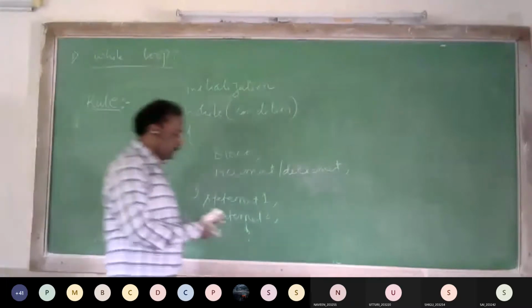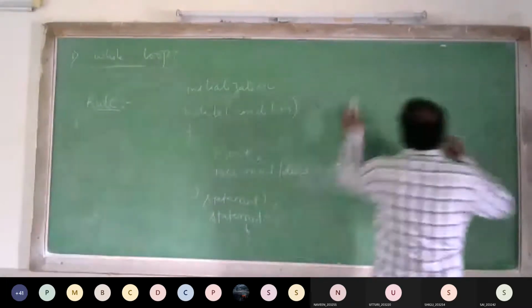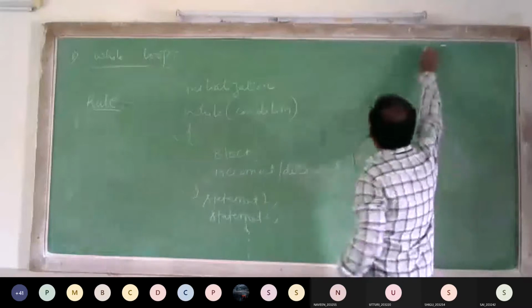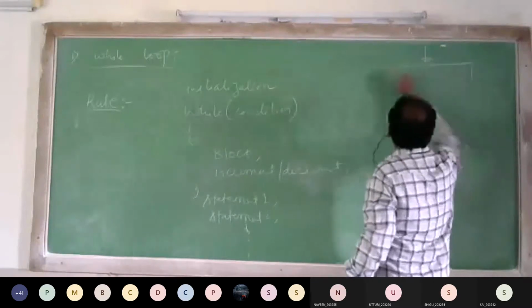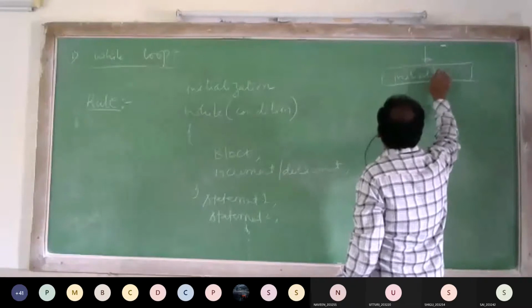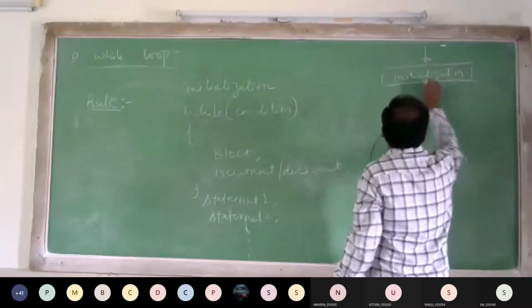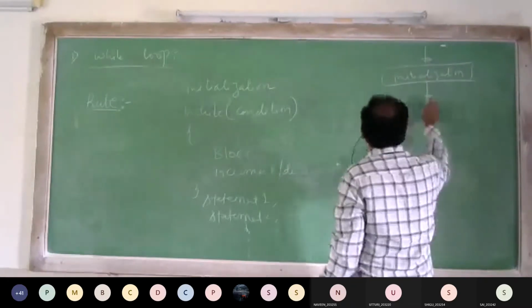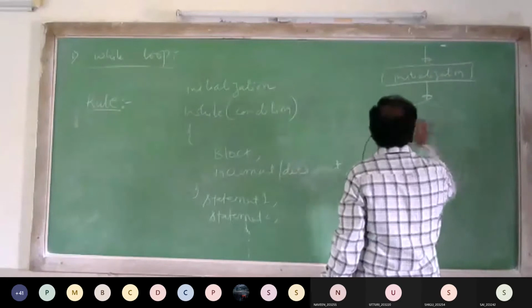Now we can see the flowchart of how the while loop works. First statement is initialization. Initialize. Now it will test for condition.